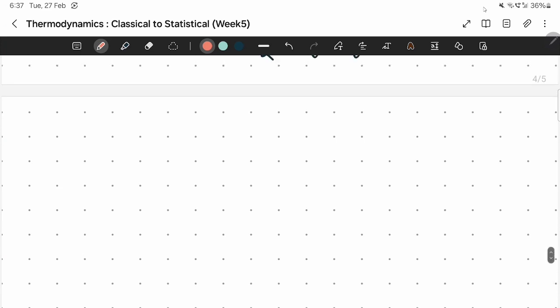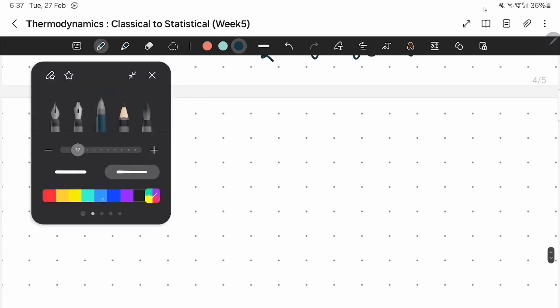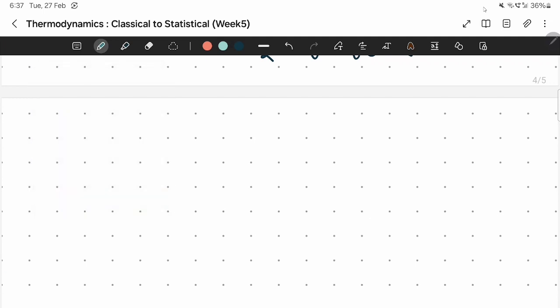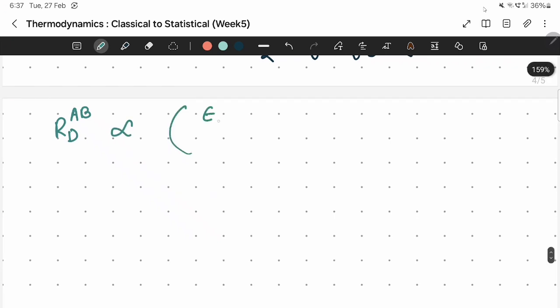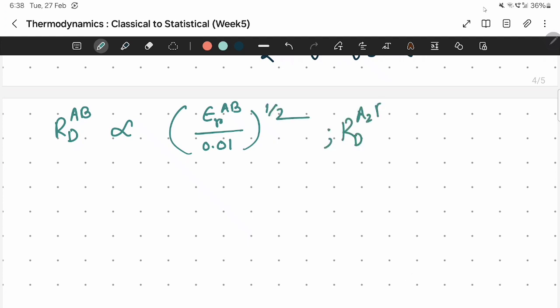So what will be the RD of AB? That will be proportional to epsilon R of AB divided by I to the power half, with I being 0.01, and RD of A2B will be proportional to epsilon R of A2B divided by 0.06 to the power half.